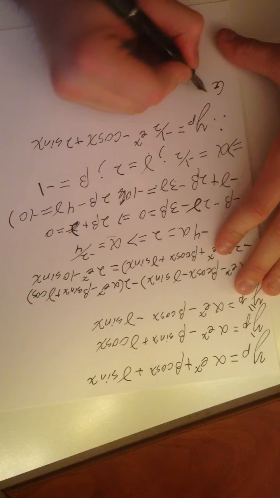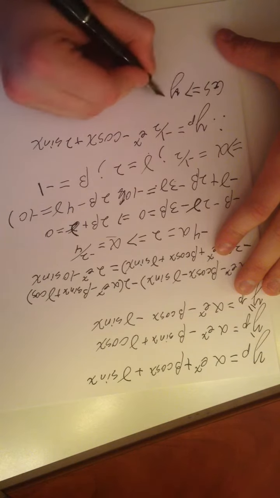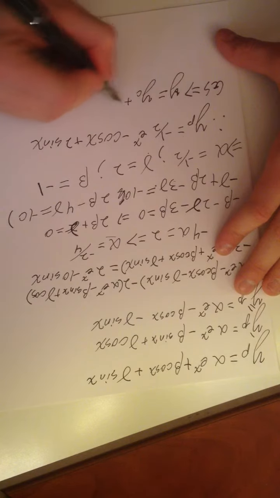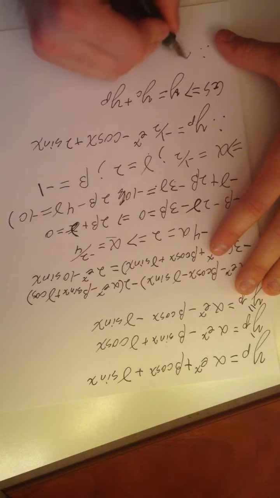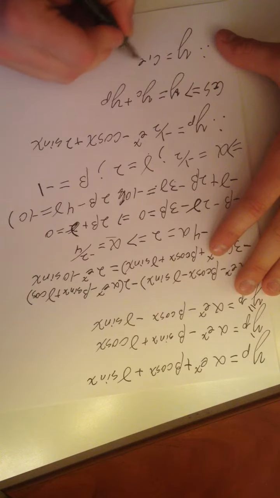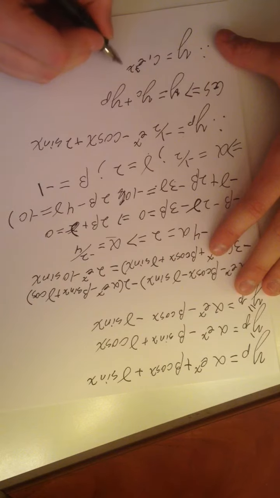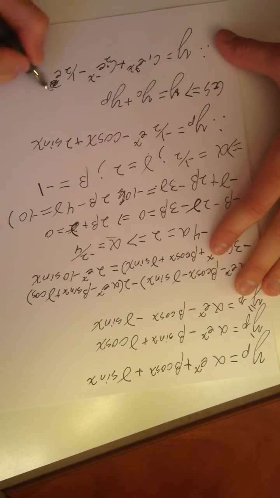Our general solution is y equals yc plus yp. Therefore, y is equal to c1 e to the 3x plus c2 e to the negative x minus 1/2 e to the x minus cosine x plus 2 sine x.